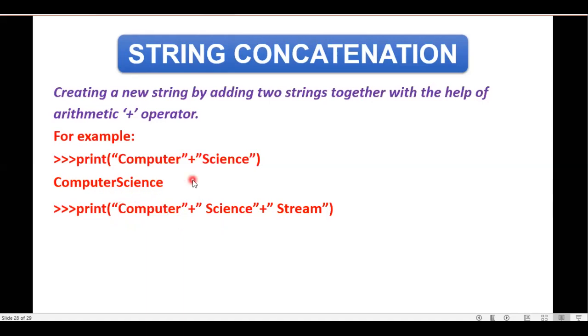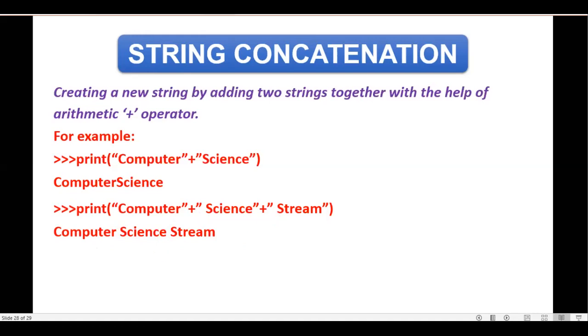If I am concatenating the strings, space will not be added by itself, but if I want to add the space in between, then I need to leave a space in my strings itself. Now I am going to get the result in this way. Before science there is one space because I have given this space over here. Similarly, before stream there is a space because I have given this space in my string itself. So this is known as concatenating the strings together.